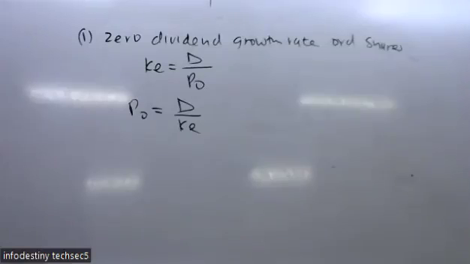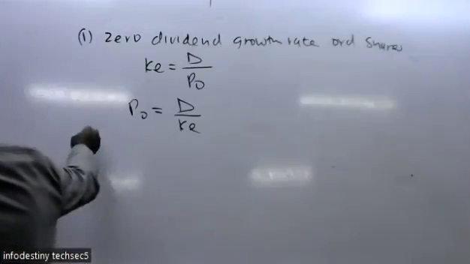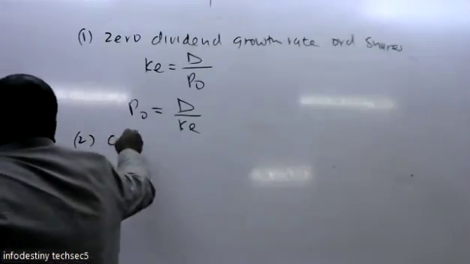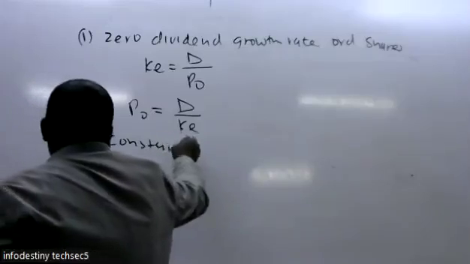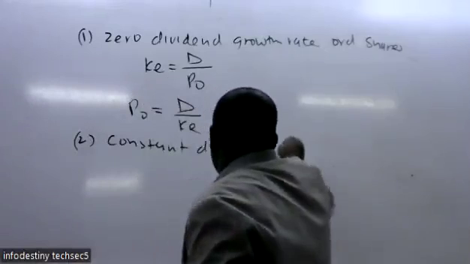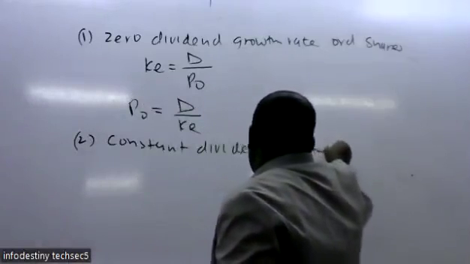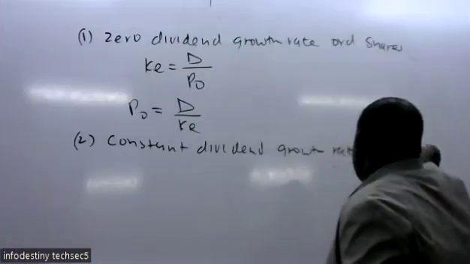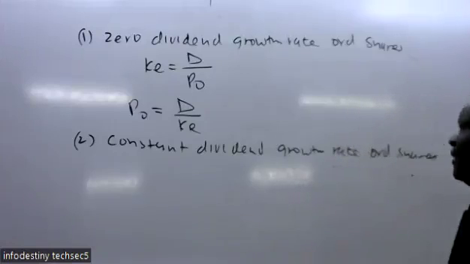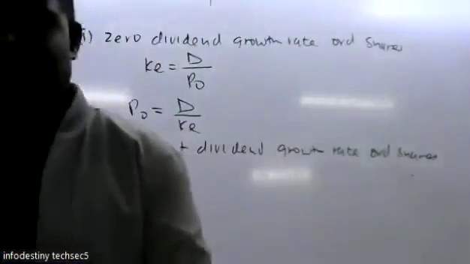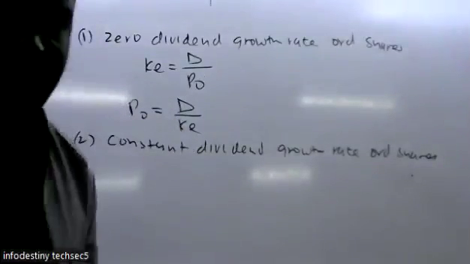Then we go to number two. Number two should be constant dividend growth rate ordinary shares.